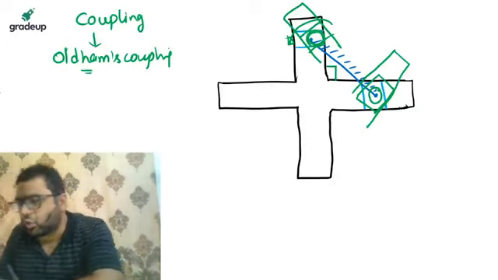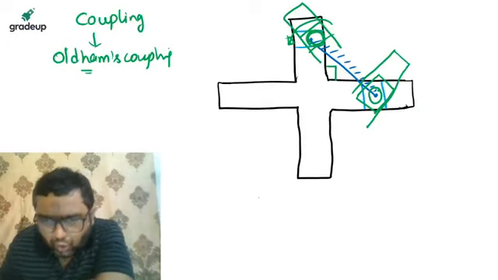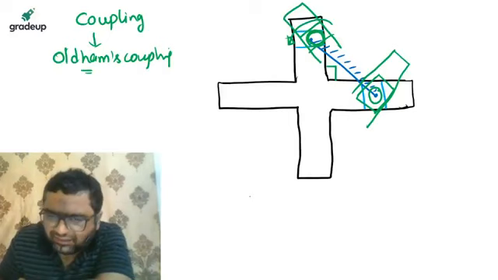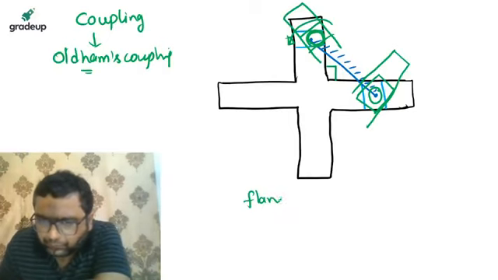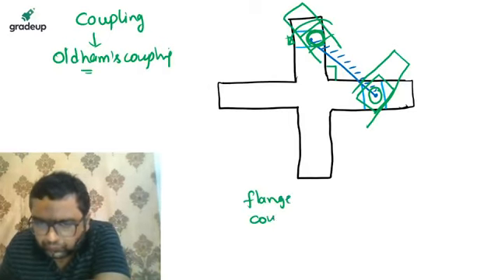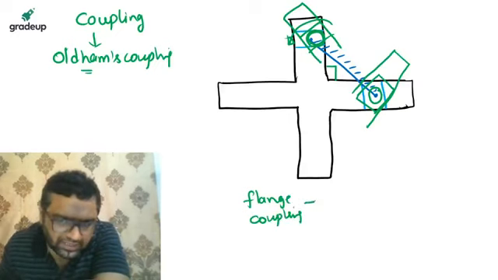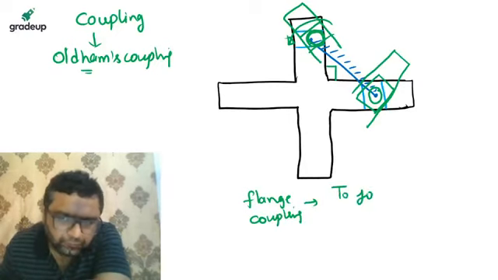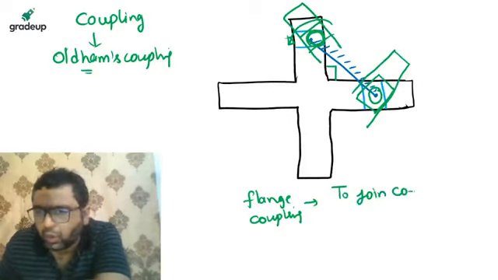When we are talking about Oldham's coupling, my dear, as you know that there is one thing known as flange coupling. Flange coupling is used to join coaxial shafts.